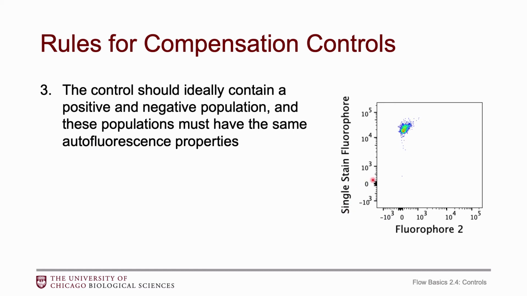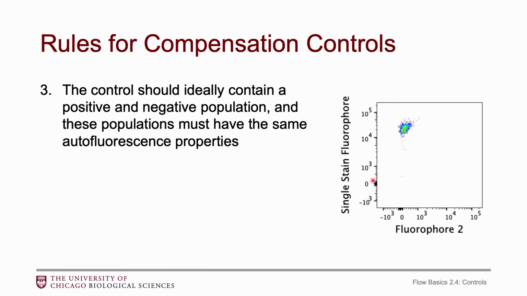So if you have a PE control and a FITC control, you are allowed to put PE on compensation beads and FITC on cells within the same experiment. It's perfectly allowed to mix and match cells and beads or different types of cells with different types of autofluorescence properties. But for each fluorophore within that control, you need to have matching properties.